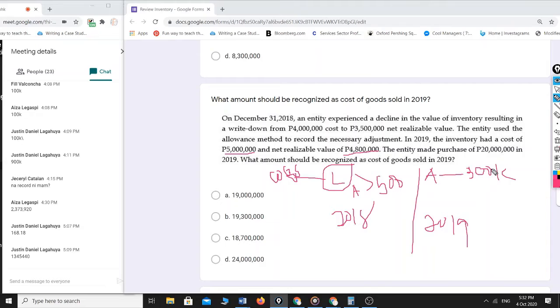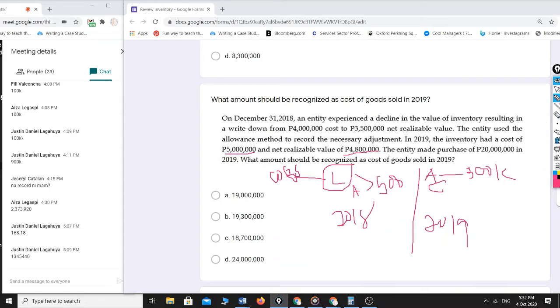Plus 500 minus 300, so it means our allowance has a balance of 200,000, which is the required amount for us to have our NRV amounting to 4.8 million.